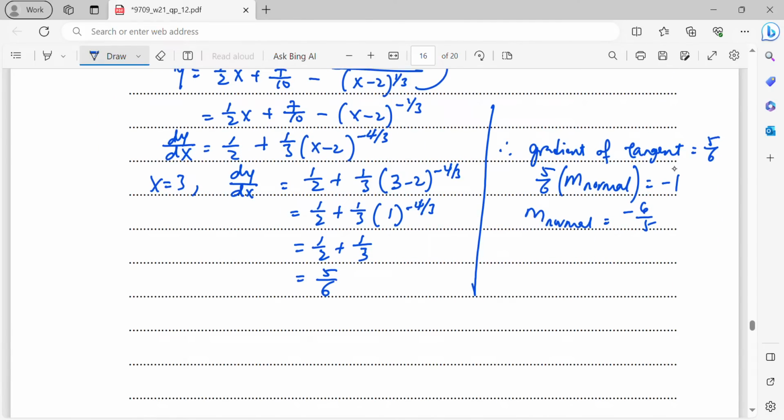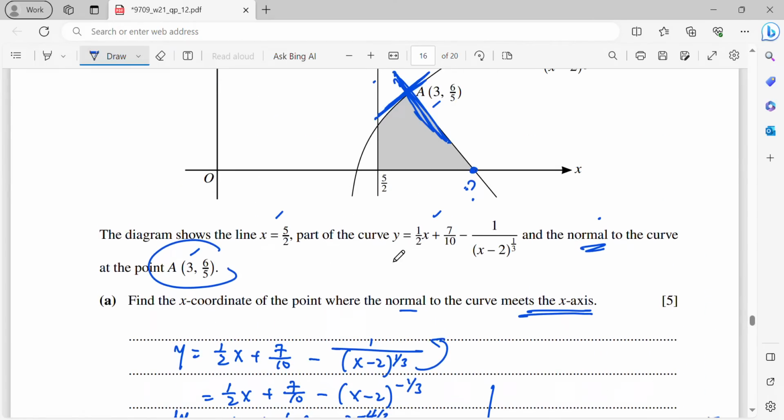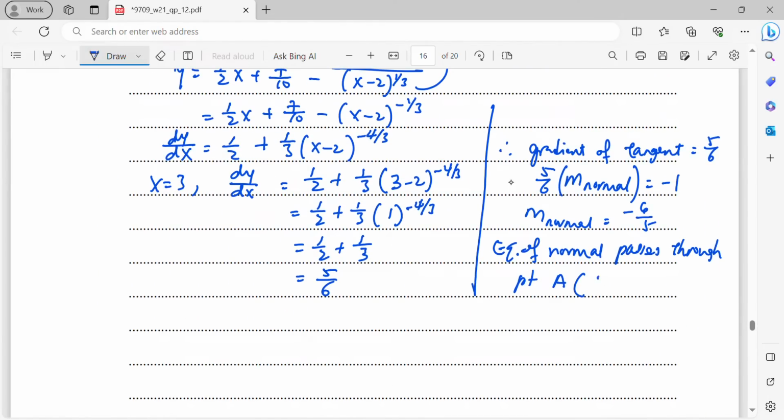So now, my equation of the normal passes through point A with coordinates 3 and 6 over 5. It will be y minus y1 equals m times (x minus x1).